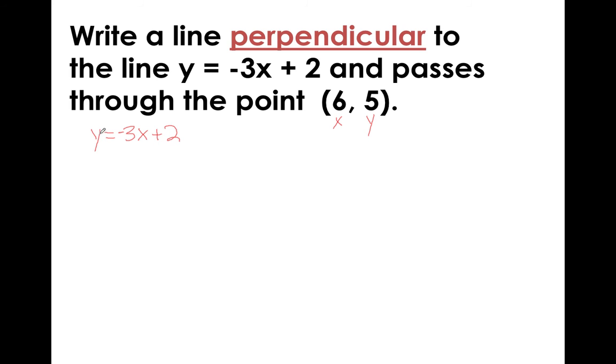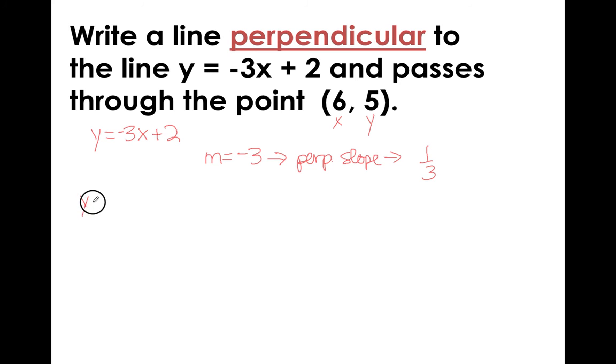Yes, it is. The y is isolated. Next thing, what is the slope? Well, my slope of this equation is -3. But since I want a perpendicular slope, I have to take the -3 and do the opposite reciprocal. Remember, reciprocal means that it becomes a 1/3, and opposite means that the sign changes.